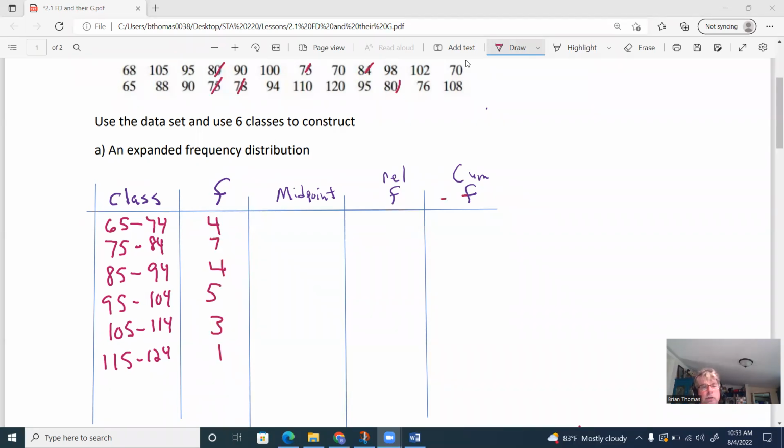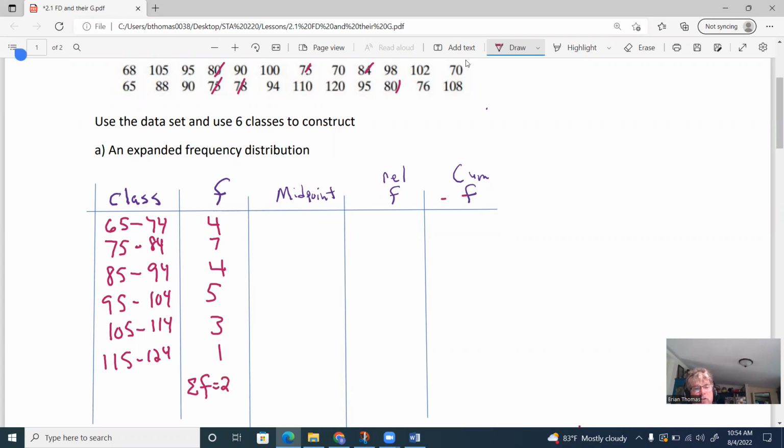So as we continue through the frequency, I came up with 7, 4, 5, 3, and 1 as the remaining numbers. Now, the sum of the frequencies, remember there's the sigma symbol. So the sigma f stands for the sum of the frequencies. That should add up to the sample size, or how many data entries we had.